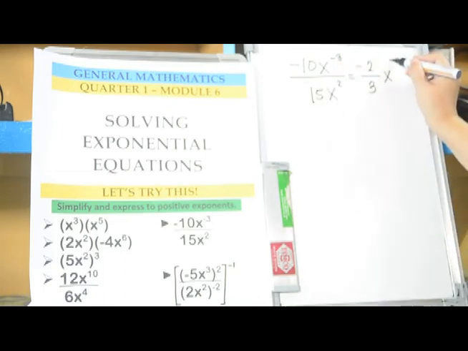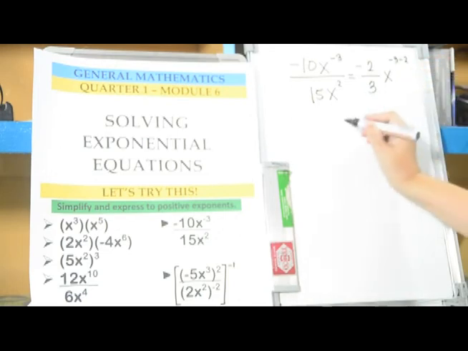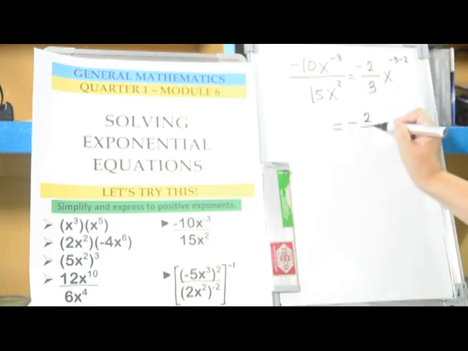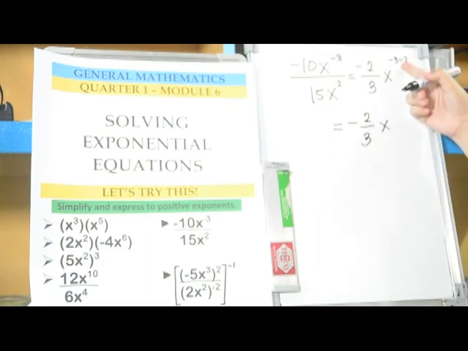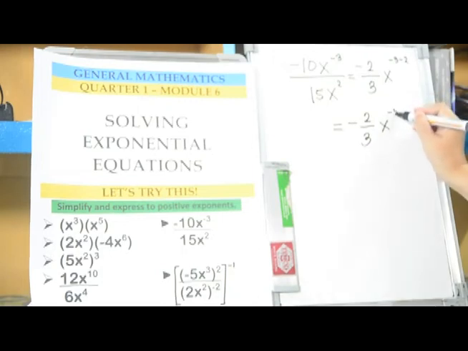Negative 3 minus 2. Okay? Or simply you can do the other way also. Okay? So negative 3 minus 2. So what will happen to this? So we've got negative 2/3 x, and negative 3 minus 2 is actually negative 5.